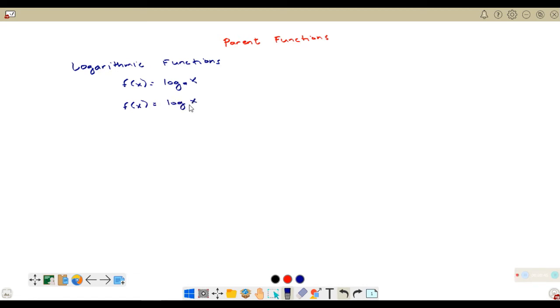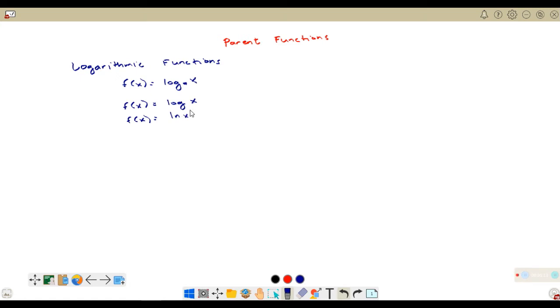We don't have to write the base a if our base is 10. So this is referred to as the common logarithm. While for the natural logarithm, it is represented by ln x. So these are the three parent functions that we are going to consider.